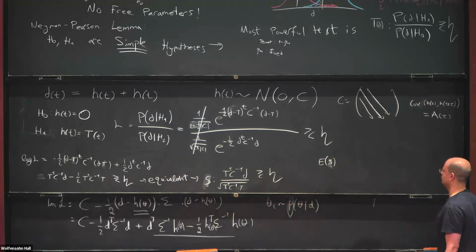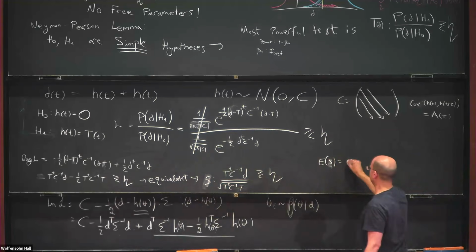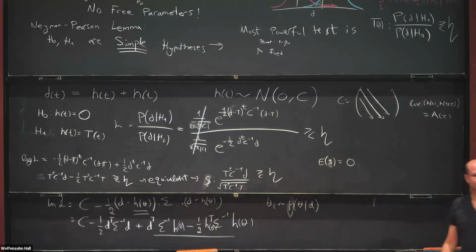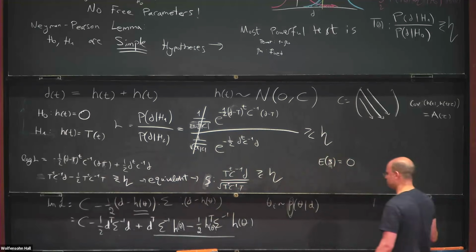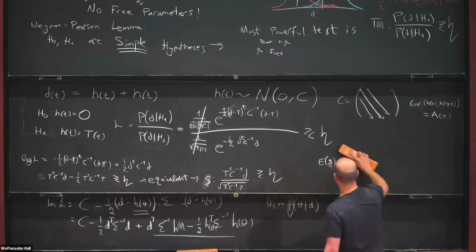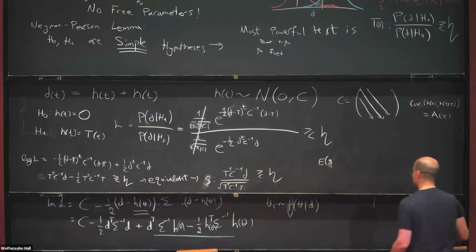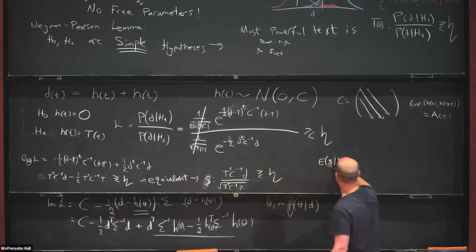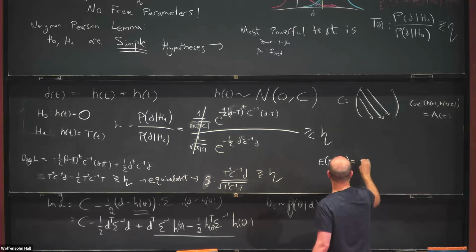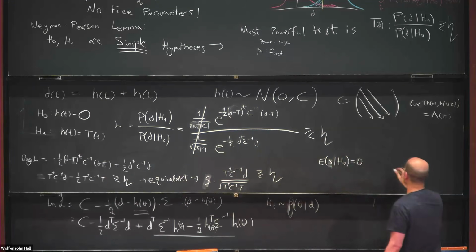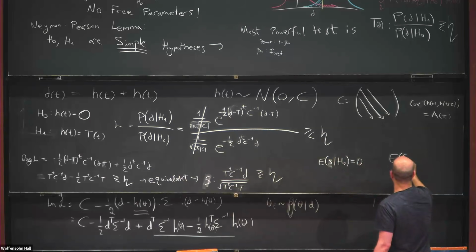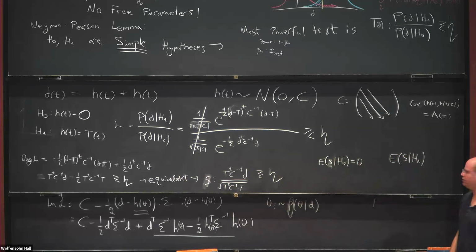E of S is 0. Even H. Thank you. Wow, you just read my mind. E of S given H naught is 0. Okay, so what is E of S given H1?